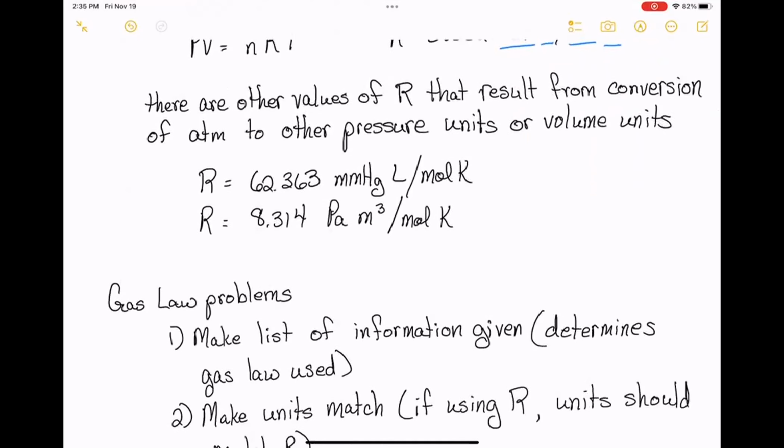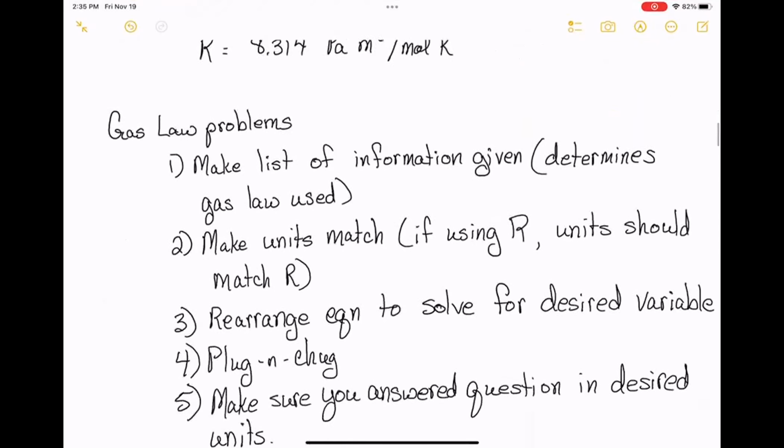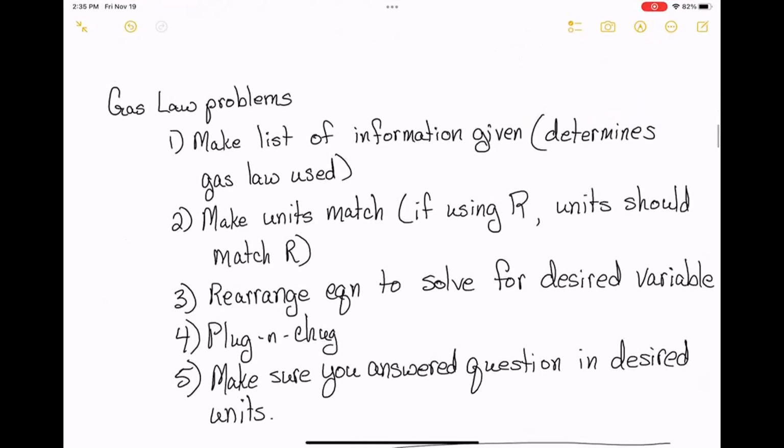Now, working ideal gas law problems, you don't have to follow the method that I will be using. But in general, the way that I work through this is I start by making a list of the information that I was given.